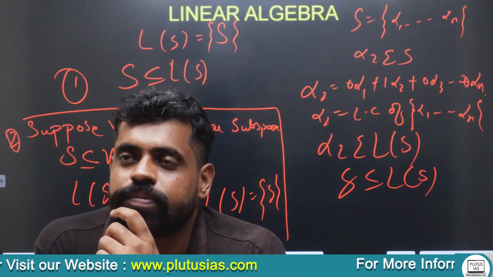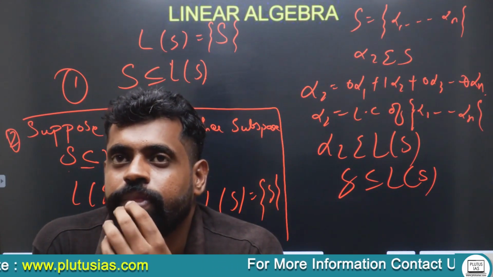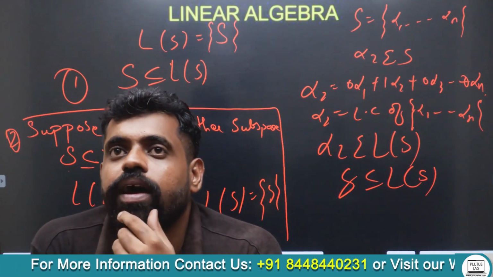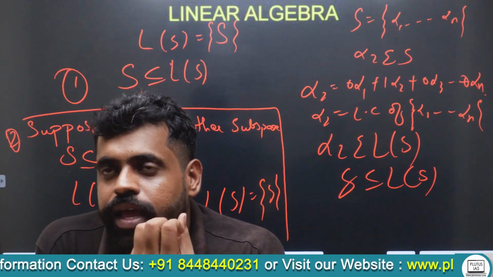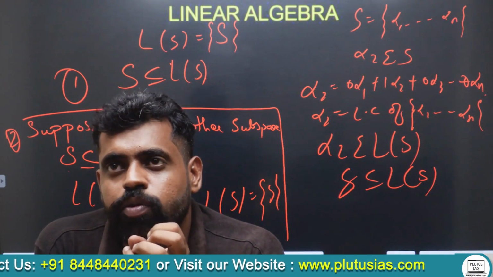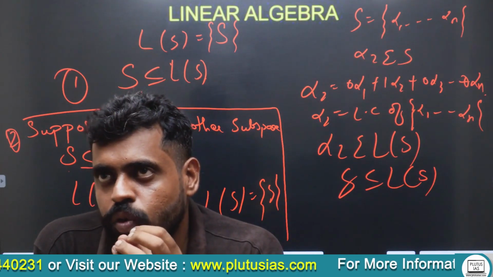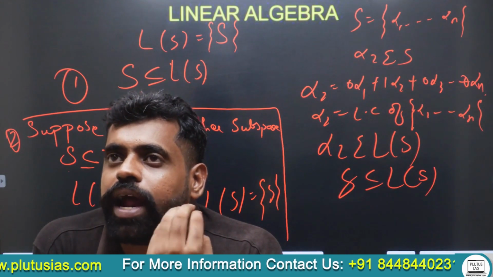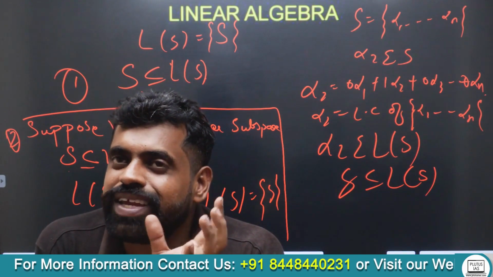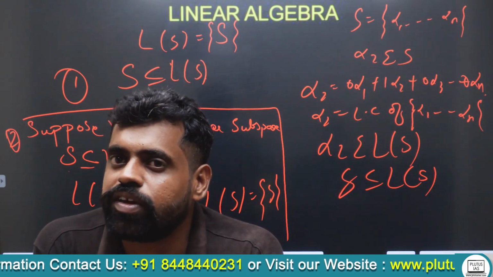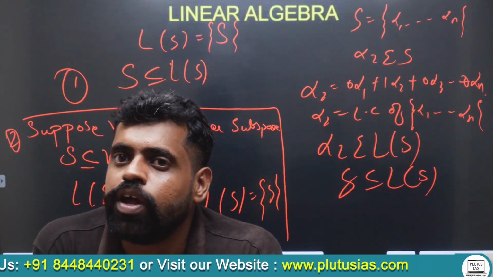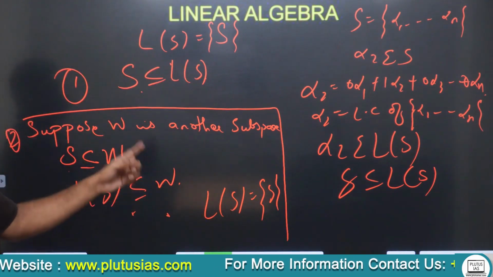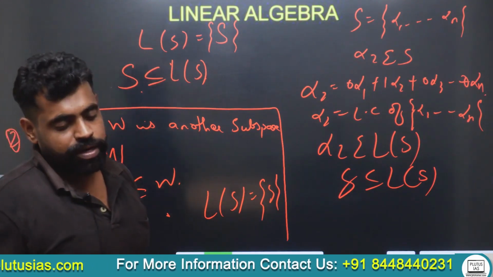LS is generated by S. Since S belongs to W and W is a subspace, so all the elements alpha 1, alpha 2, alpha n, if we write it as linear combination, then the scalar product and vector addition is closed in a subspace, so we can easily say that the whole LS would also come under W. So both the conditions are true. So LS is generated by S.